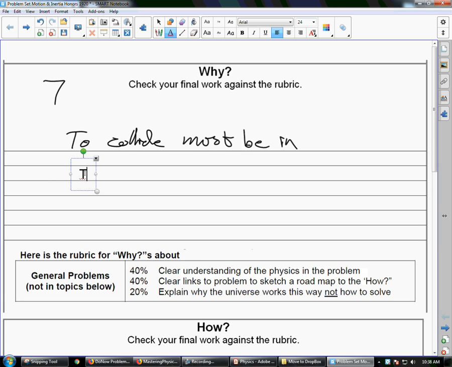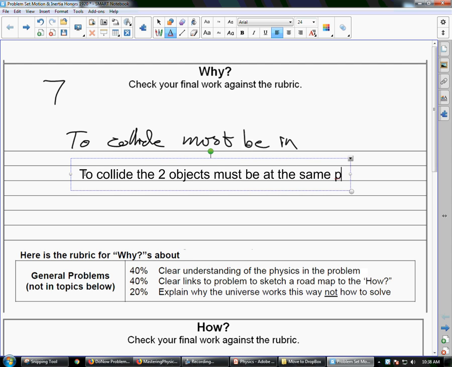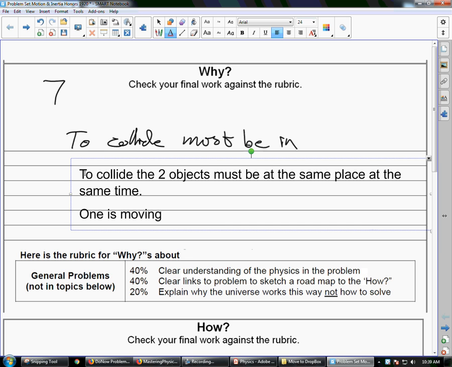So, to collide, the two objects must be at the same place at the same time. One is moving in a negative direction, and the other in a positive direction.